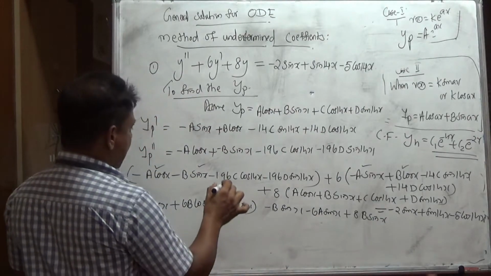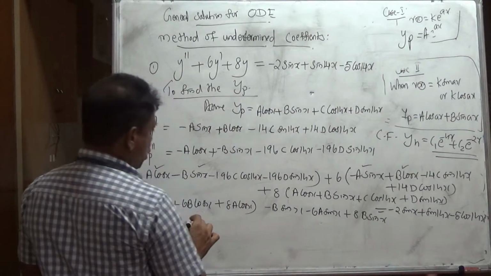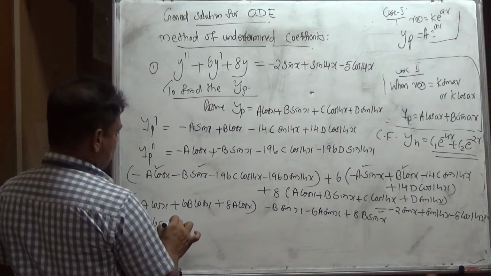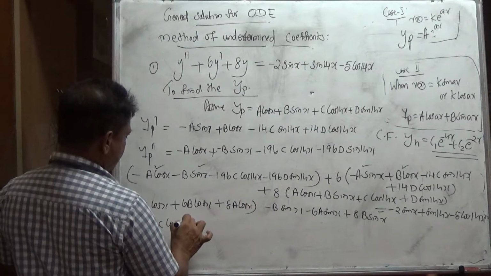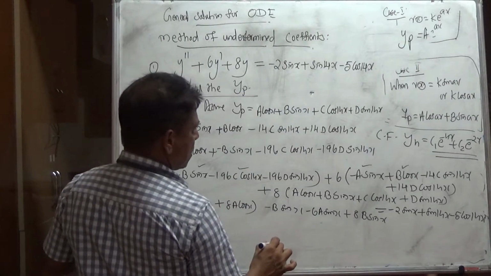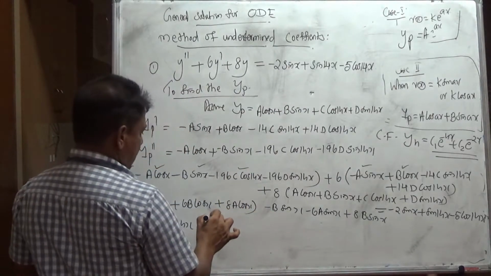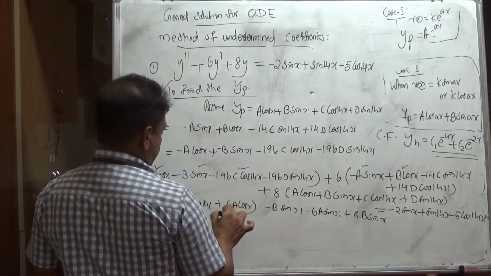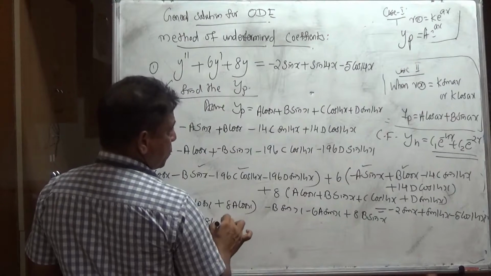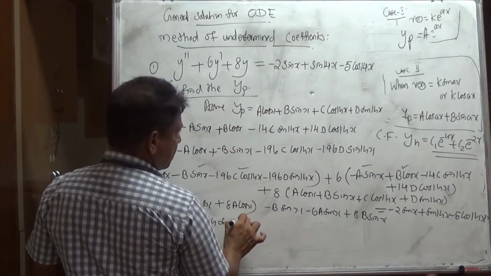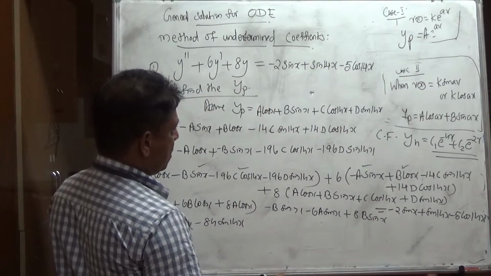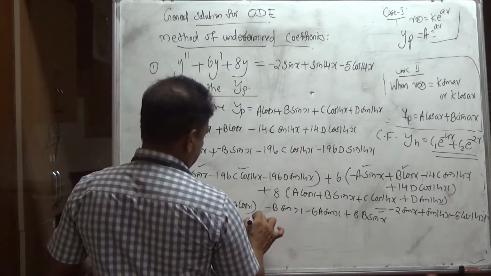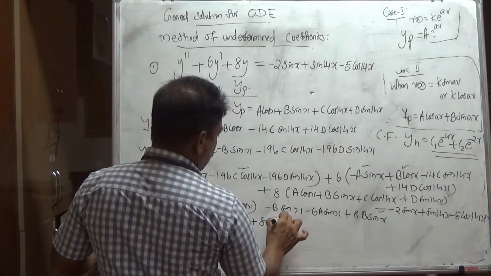Next we take the cos 14x terms. Minus 196c cos 14x, then 6 into 14d, that is 84d cos 14x, then 8c cos 14x.